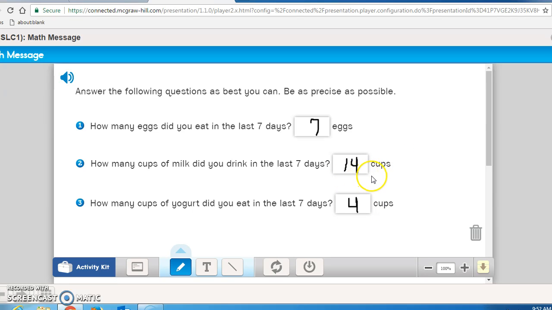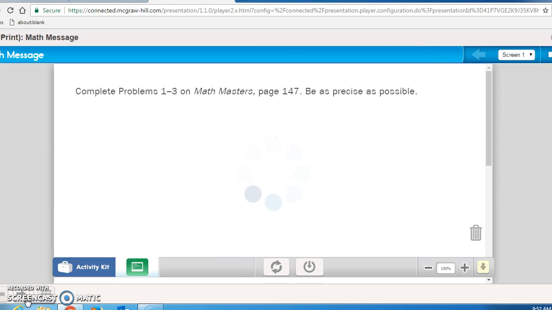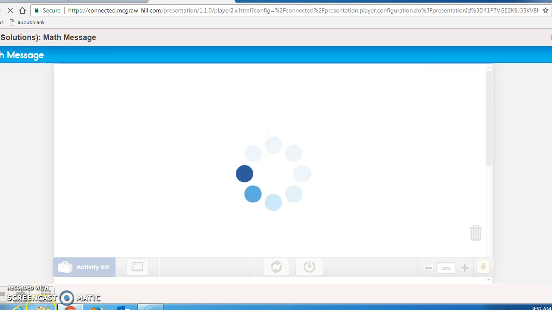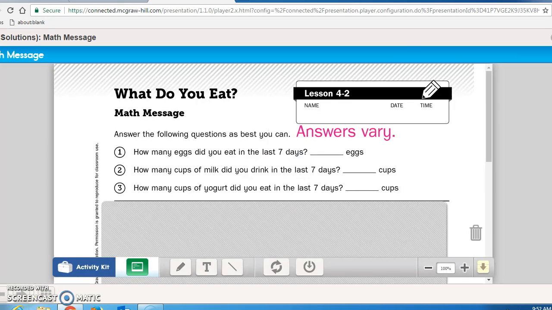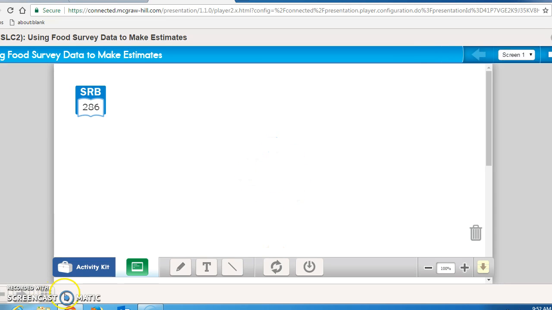So I still agree with my information. See, the eating habits of all of us change over time, and some of this information that we collect might not always be current. So we have to remember that. You already should have completed problems 1 through 3 along with myself. And now we're going to move on to the next part.